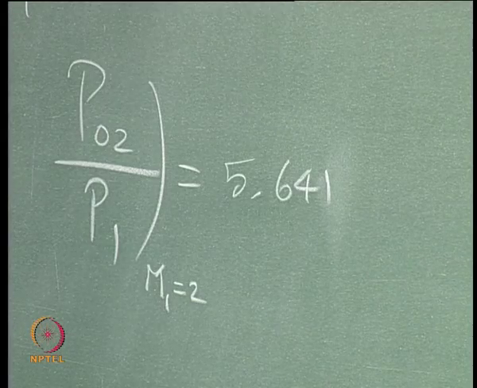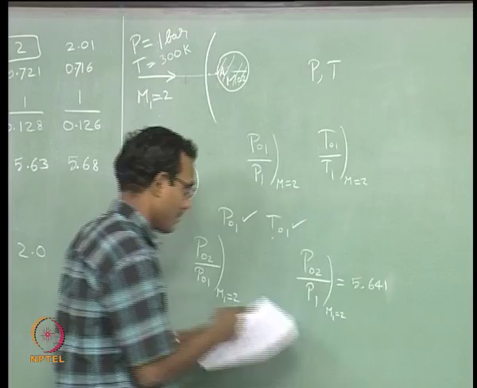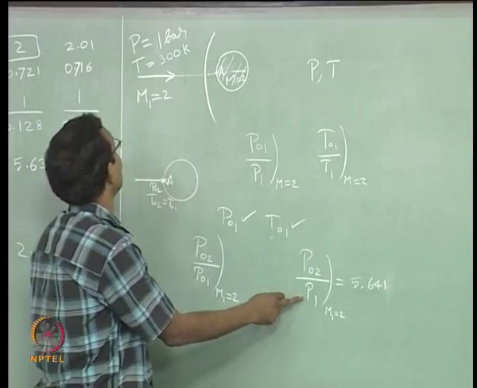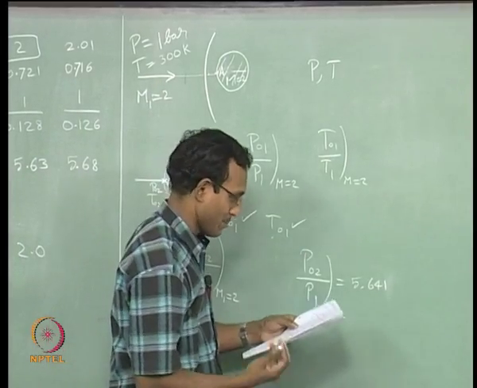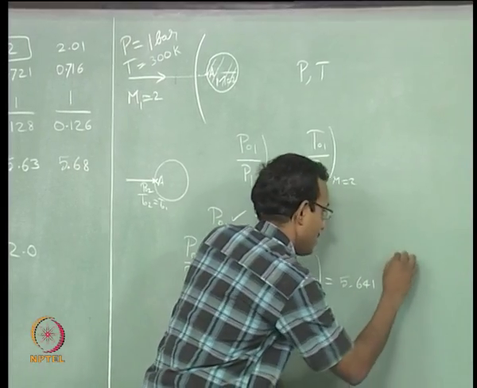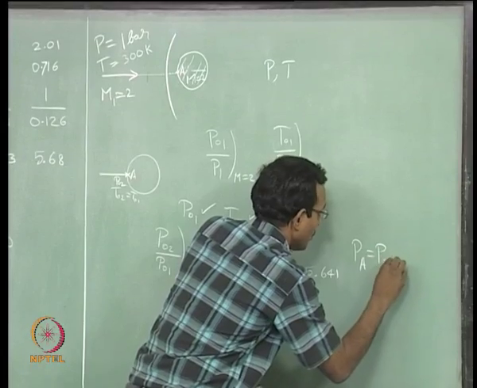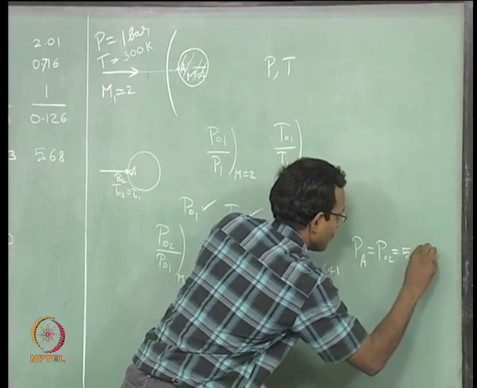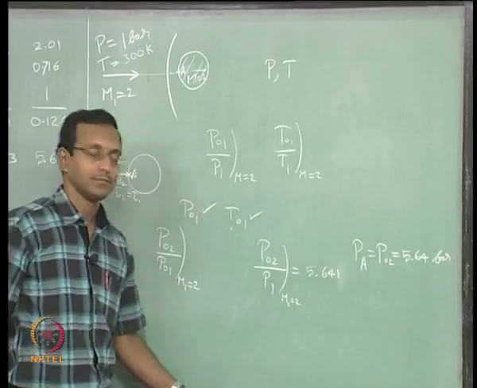Now P1 is given to be 1 bar, so I directly get 5.64 bar. P at A equal to P02 equal to 5.64 bar.